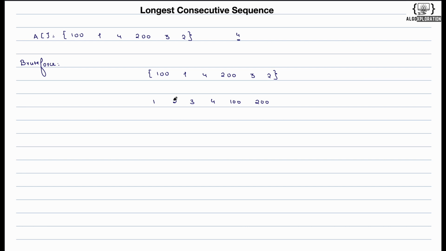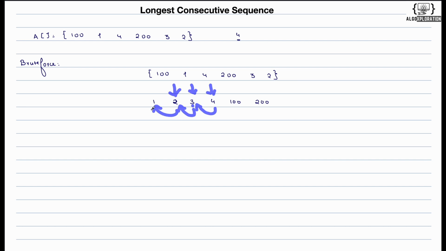Now after sorting, starting from the first index element, we can compare whether the previous element is minus 1 or not. If it is, move further. For 3, it is, that means 3 minus 1 is 2, so it is consecutive.